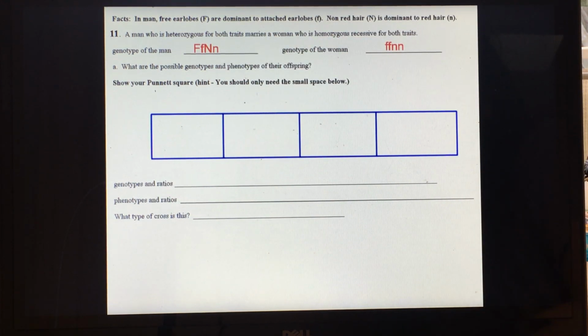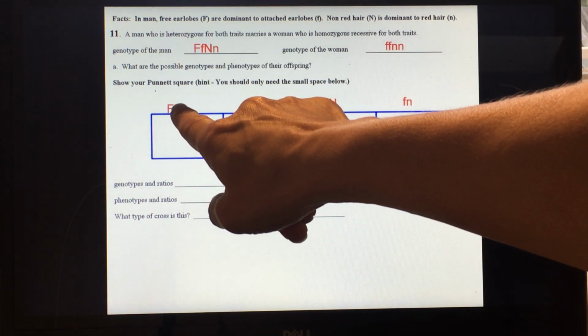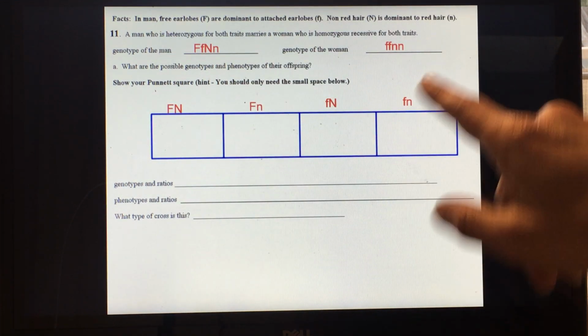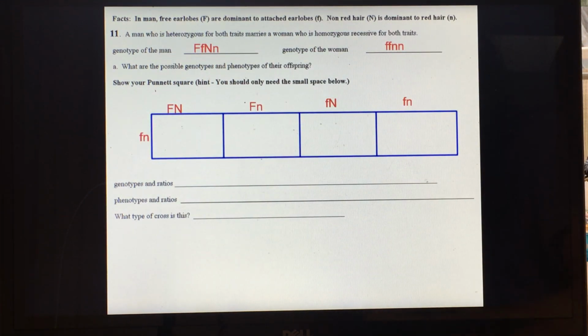And the genotype of the woman is little f, little f, little n, little n. Now we put the father's gametes on top. Notice there's one F and one N. And with the female, the only thing that her gametes can have are little f and little n. So it makes our Punnett Square a lot simpler.